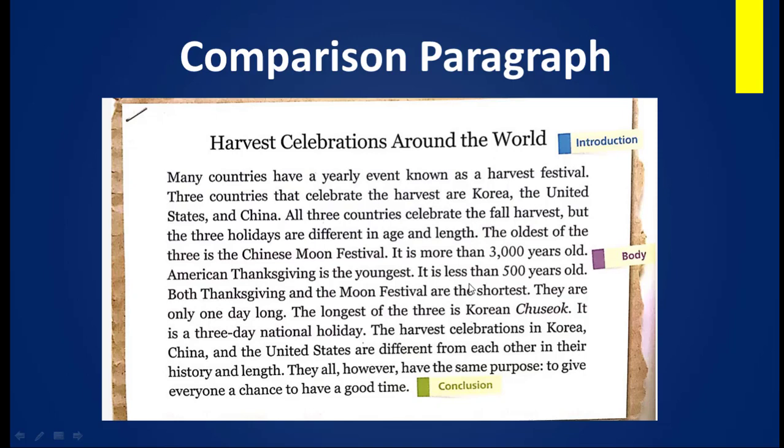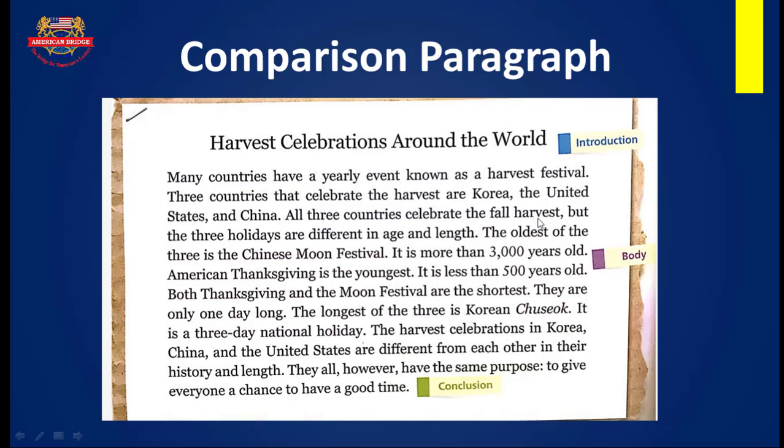As you can see here, from the words 'many countries' until 'age and length', this is the introduction, because it just informs about the three countries with the culture of the harvest, and it leaves you a sentence that you will see in the body paragraph: the three holidays are different in ages and length.